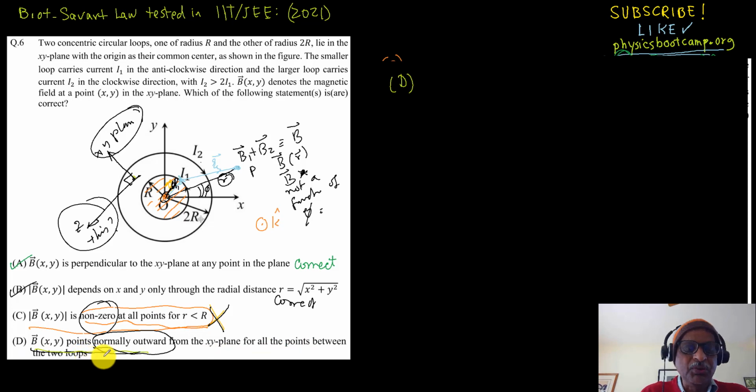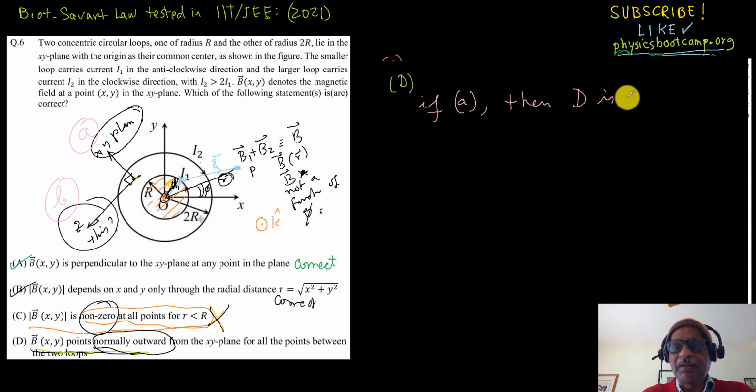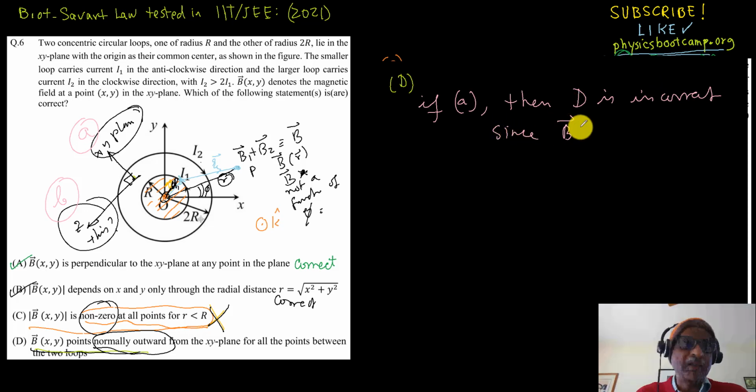Because between these two loops, everywhere, we can say if the interpretation is A versus B, if A, then D is incorrect, since B at that point P will be plus or minus k hat.